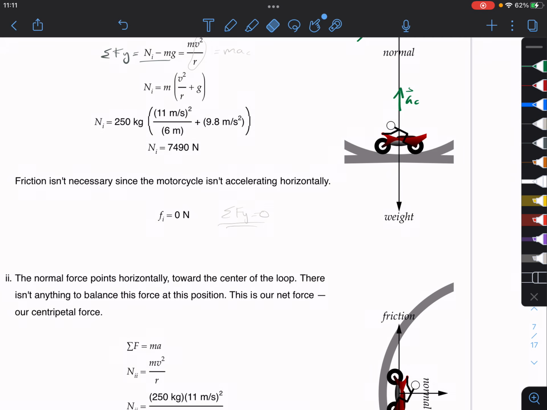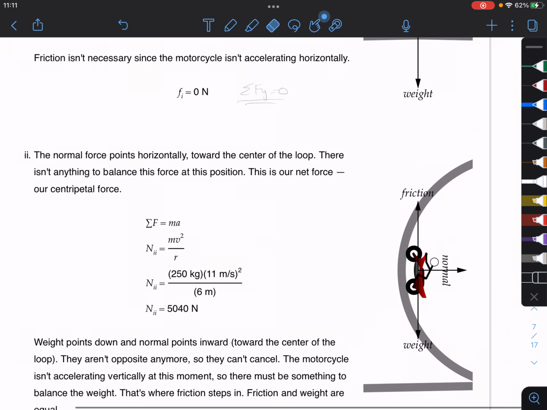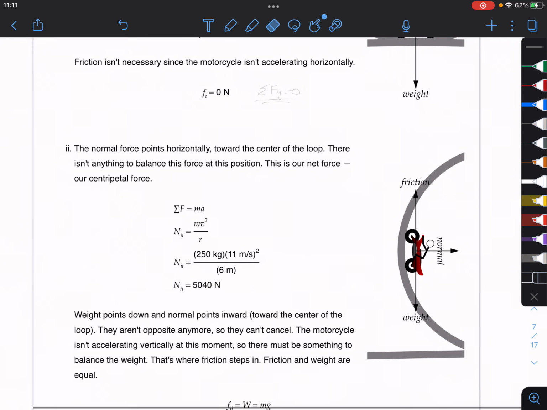It's not going to accelerate. Okay, so then the normal force for this point, if we look at this, is going to point in. The weight's going to point down. And remember, the friction, if we think about it as a block that would be sliding down, is going to be pointing up. So we set up things as sum of forces in our separate directions.